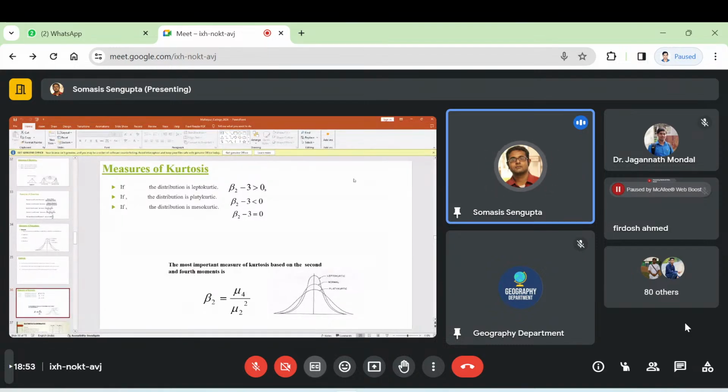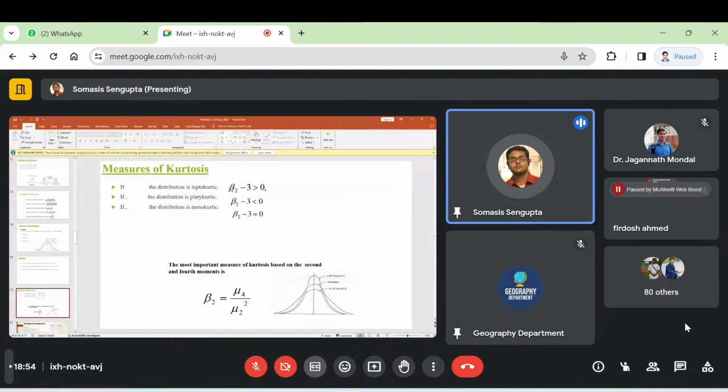Mu 4 is: for each observation, I get the value of the mean, then from each observation I subtract the mean and raise it to the power of 4. That is basically mu 4. And mu 2 squared is basically the variance, that is, the sum of x minus x bar whole squared. So if I get the ratio, I get this value as a measure of kurtosis.